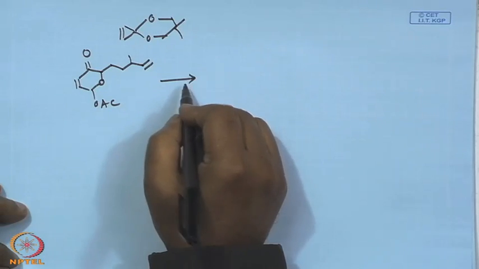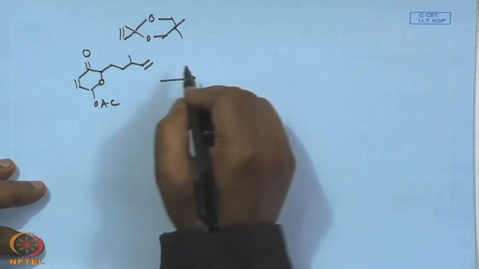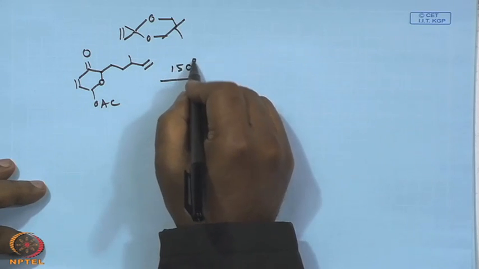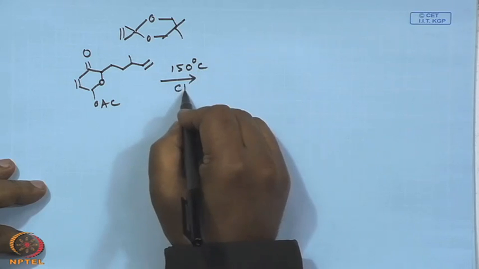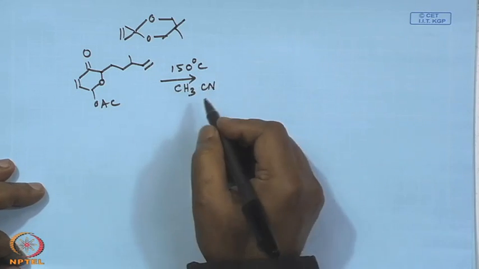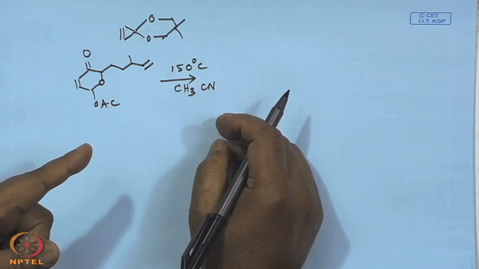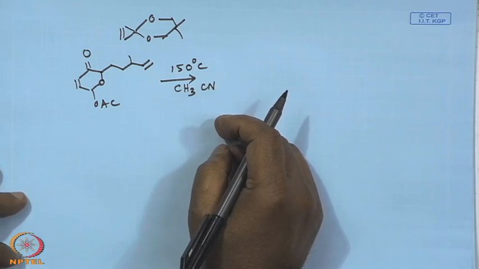Now the double bond is within the substrate. What are the reaction conditions? The reaction conditions could be room temperature with a base, or simply heating, just 150 degrees centigrade, in acetonitrile of course. The boiling point of acetonitrile is only 80 degrees, so if you are to react at 150 degrees, you have to put them in a sealed tube and do the reaction.